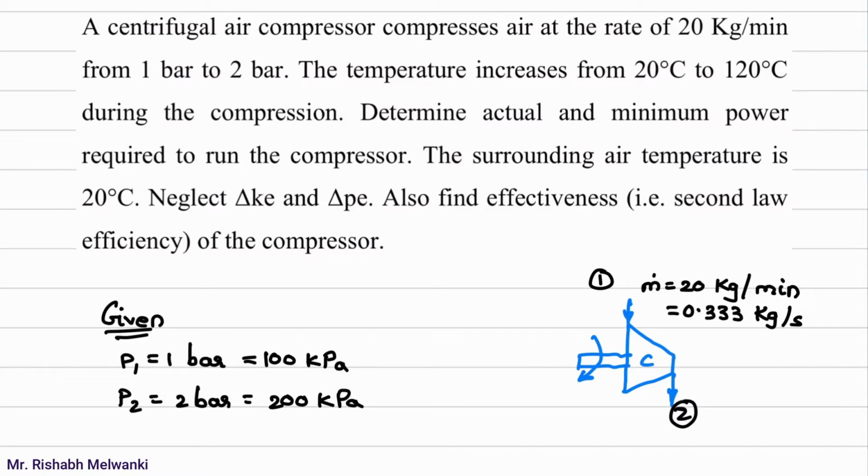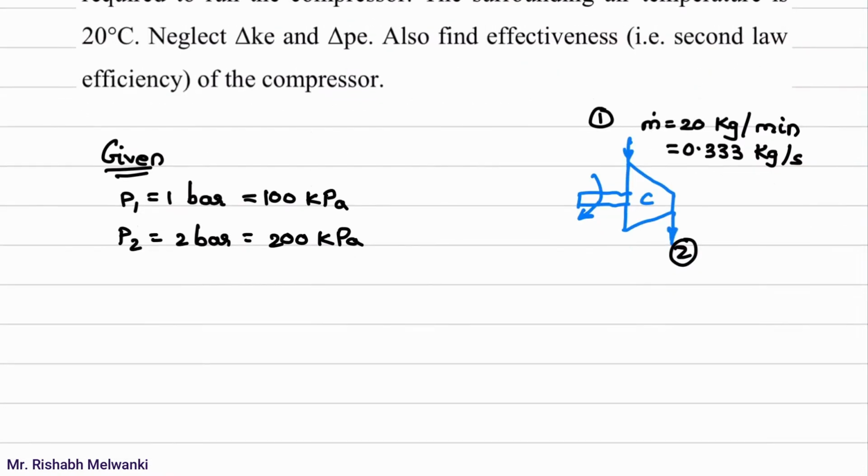Next, what is written during this compression process? This is compression process 1 to 2. The temperature increases from 20 degrees Celsius to 120 degrees Celsius during the compression. So now you tell me what is T1 and what is T2. T1 is equal to 20 degrees Celsius, so 20 plus 273, 293 Kelvin.